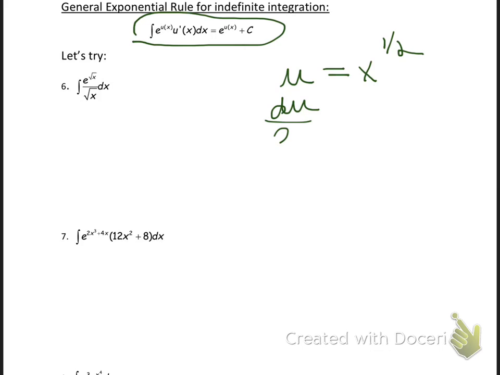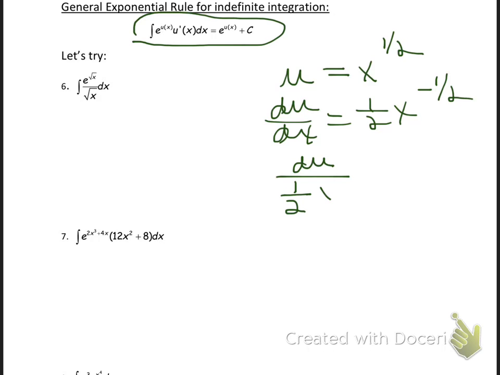Therefore, du dx will be 1/2 x to the negative 1/2. Okay, so that's your du dx. So what's my dx? So du divided by 1/2 x to the negative 1/2 is going to equal dx.